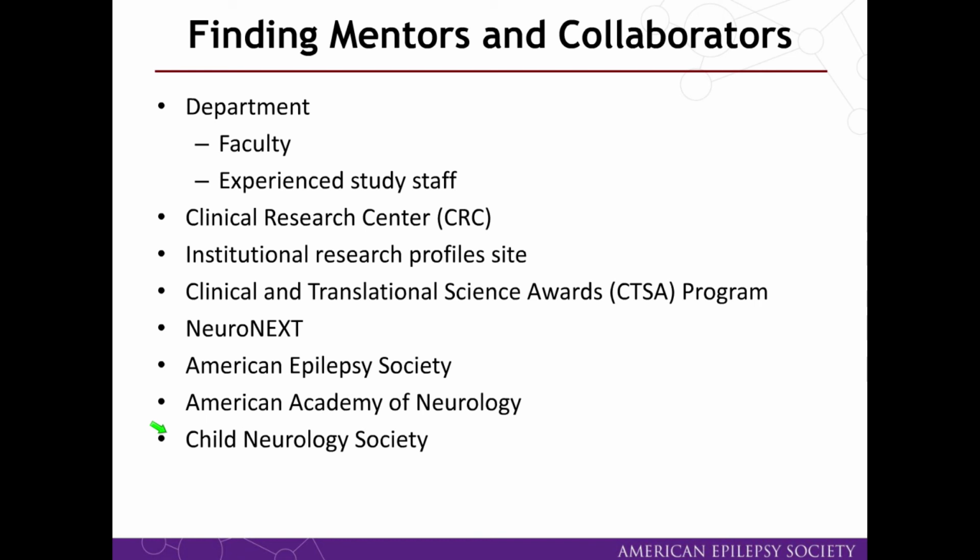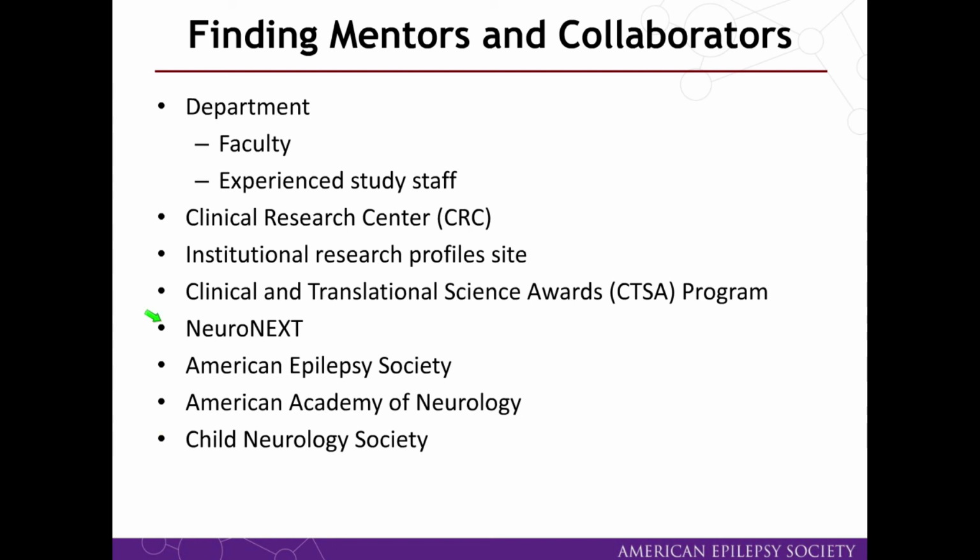Again, most institutions have research profile sites where you can actually go online and put in expertise and search for faculty who have clinical or research expertise in a particular area. And this is particularly true in centers that have CTSA programs, Clinical and Translational Science Awards, because they usually have very detailed information about research profiles of all of the faculty at the institution.